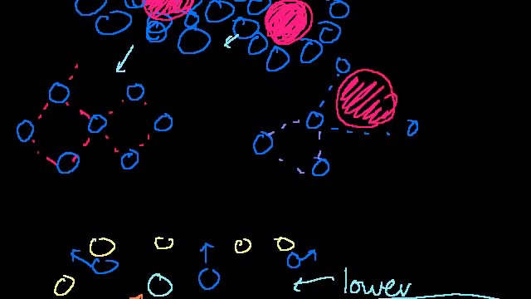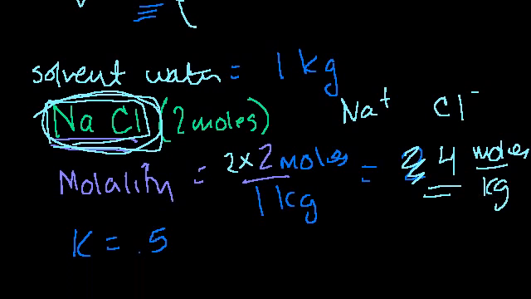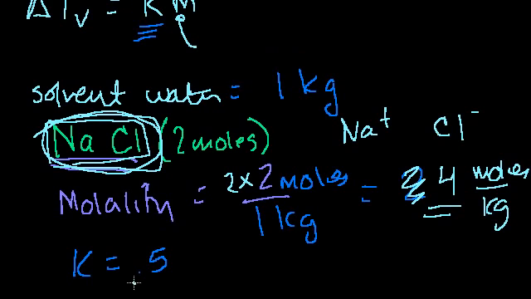So in my example, when I start with a mole of this and dissolve it in water, I end up with 4 moles per kilogram of molality, because this turns into 2 particles. So given that the molality is 4 moles, 2 moles of sodium, 2 moles of chloride per kilogram, I just use that constant that I just got from Purdue.